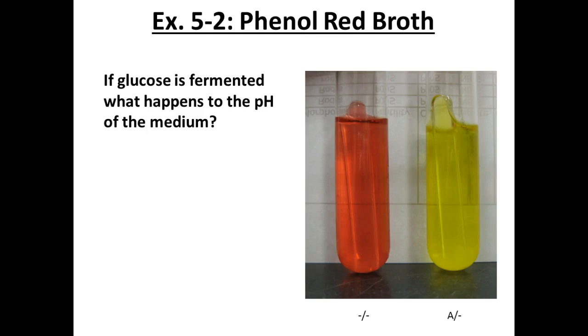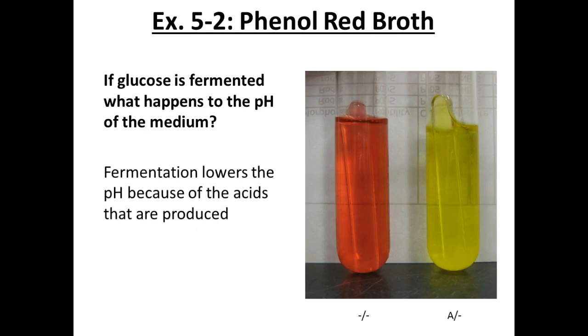Acid, right? So the pH goes down, right? Lowers the pH because we're producing acids. And we're going to get what color? Yellow.